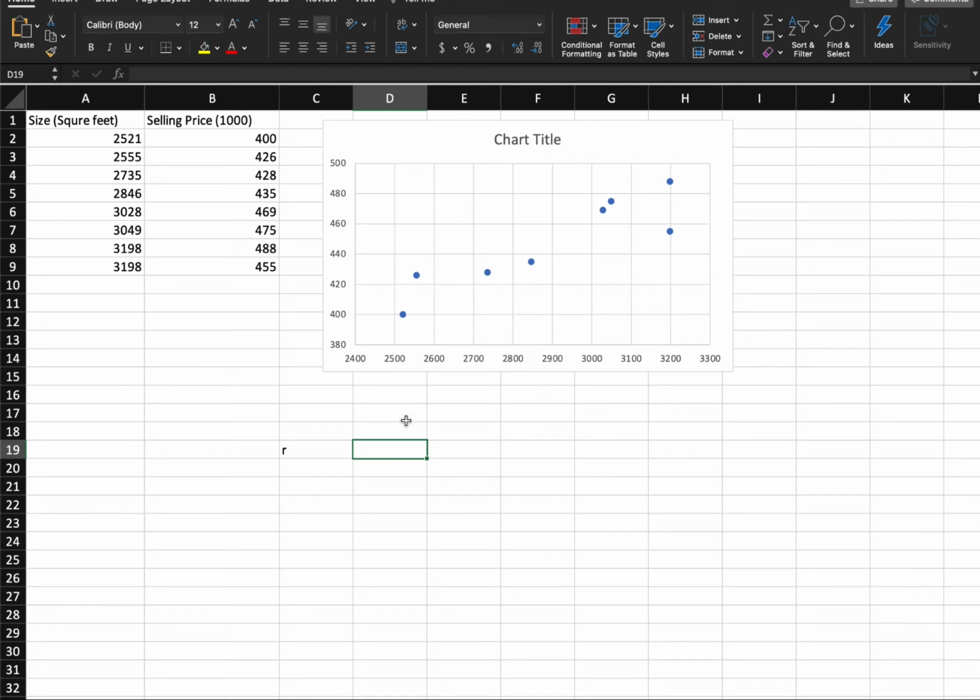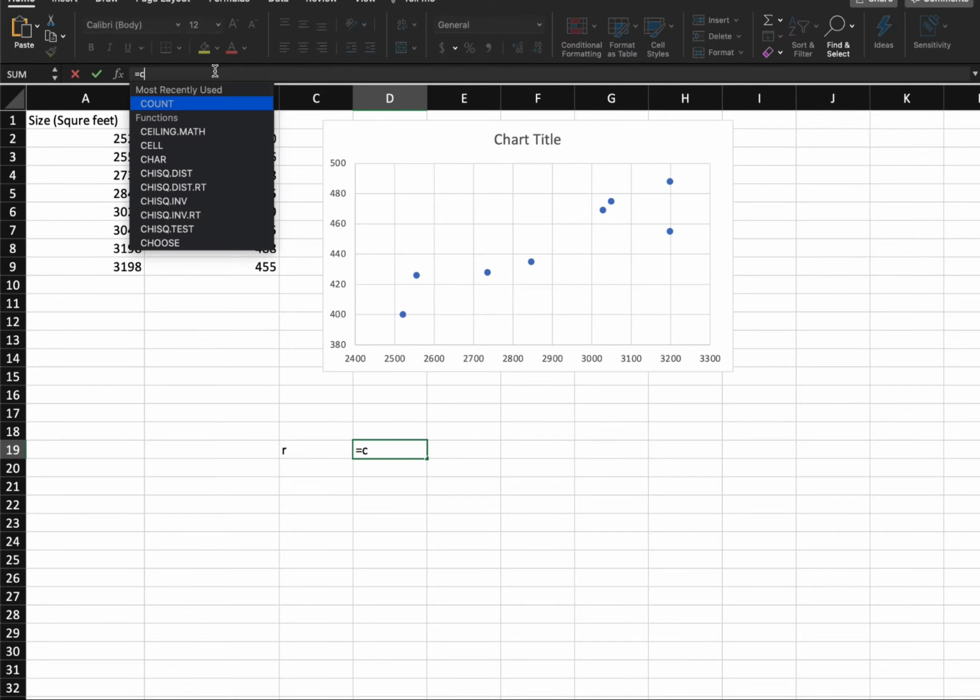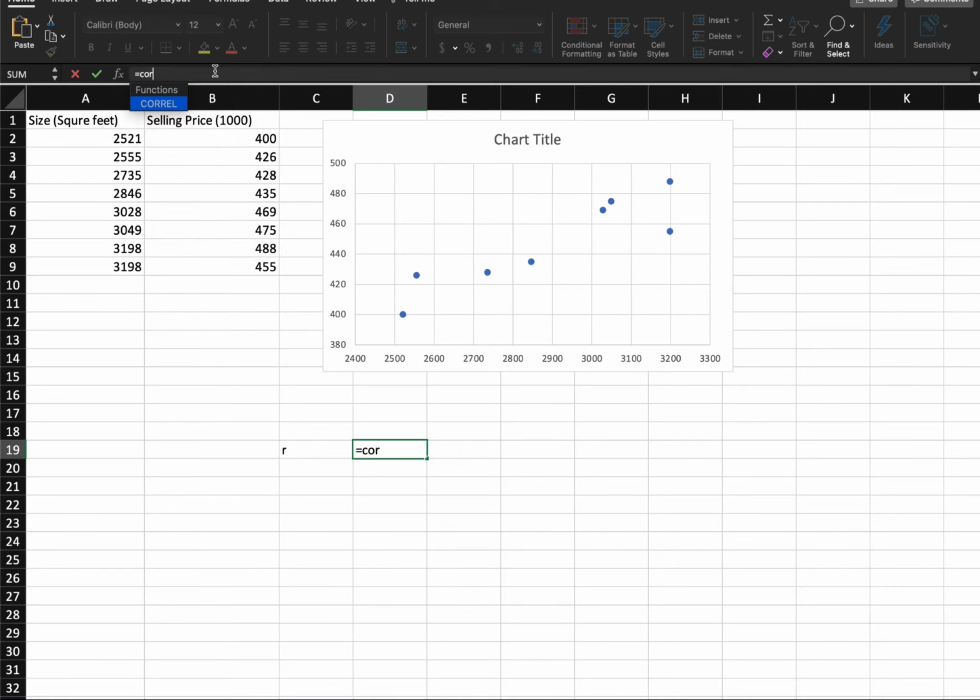Well, what we could do is use a function. So here you're going to press equal. This function is called CORREL, for correlation coefficient. So you click on that. Notice that it needs two arrays. The first array is going to be your x values, and the second array is going to be your y values. So here we input our x values, and then you put a comma, and now we want to focus on the y values, which is our selling price of the house.